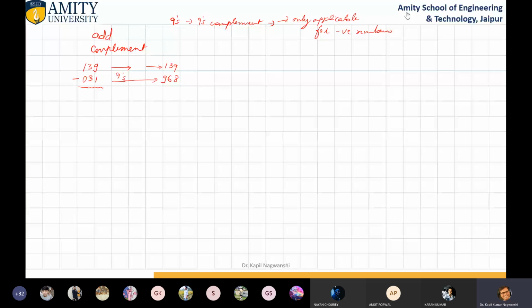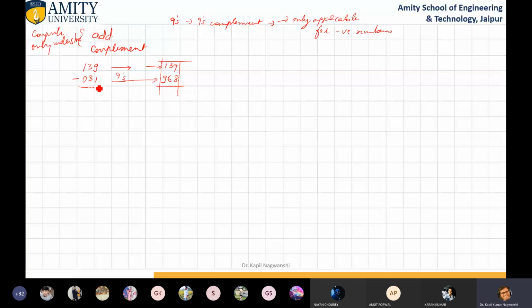Now we create the 9's complement for the negative number, and this is 968. 9 plus 8 is 17, remainder is 1. 6 plus 3 plus 1 is 10, so 0 and remainder is 1. 9 plus 1 plus 1 is 11. So this is the answer.